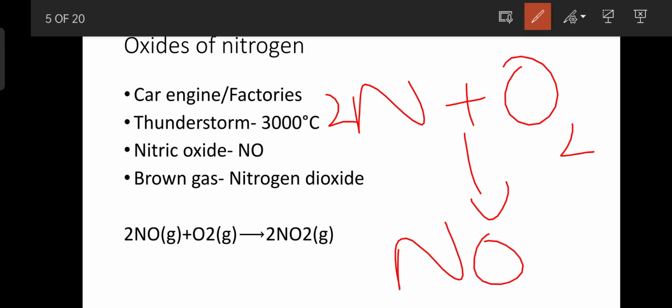During a thunderstorm, heat energy released by lightning causes the nitrogen and oxygen in air to react, forming nitrogen monoxide and nitrogen dioxide.